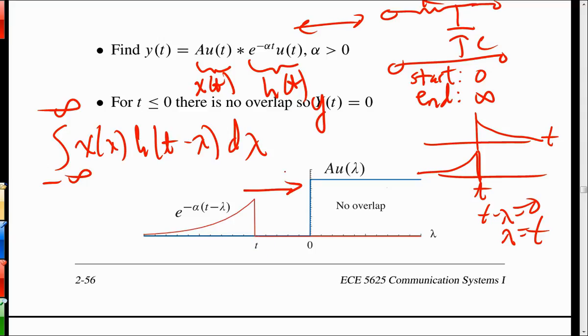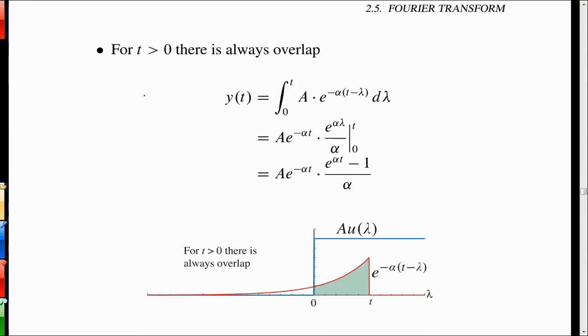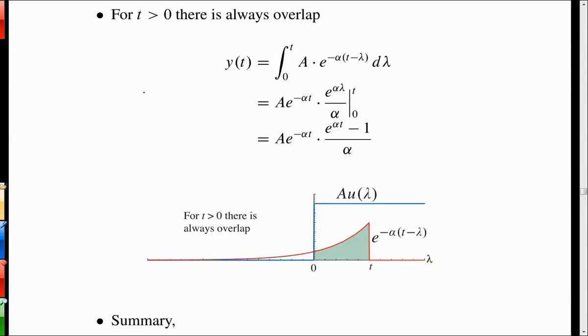So now as this moves along, as t increases, it eventually overlaps. But when t is less than 0, there's no overlap. So that was the reason why I say the output is 0 for t less than 0. When t is greater than or equal to 0, then there is some partial overlap, and it holds like this forever, because this tail out here goes back to minus infinity.